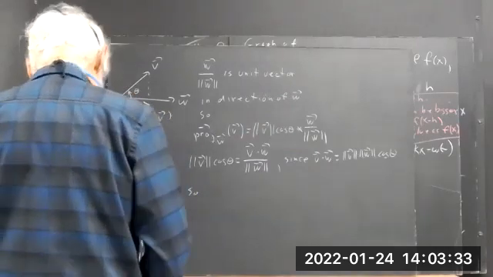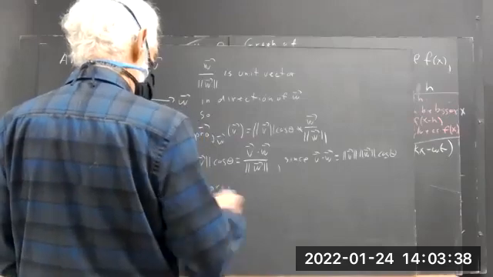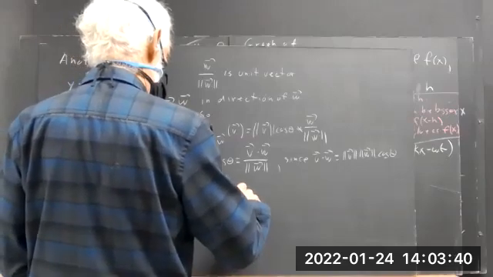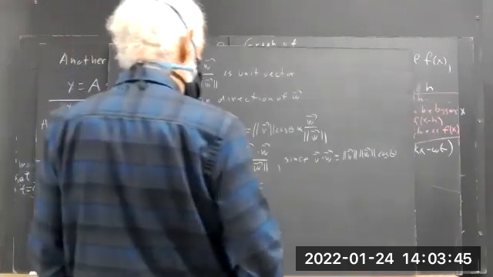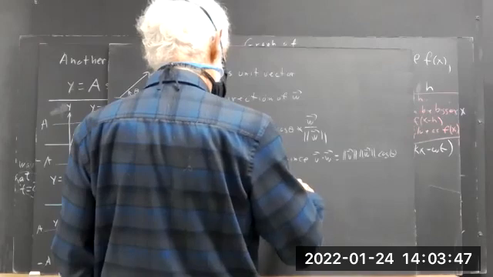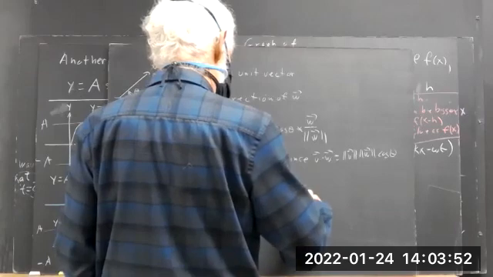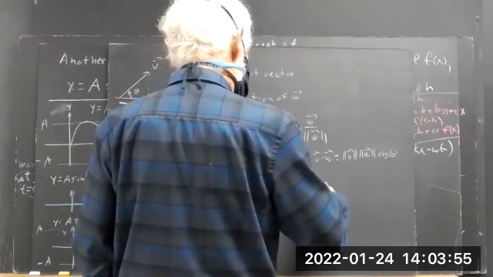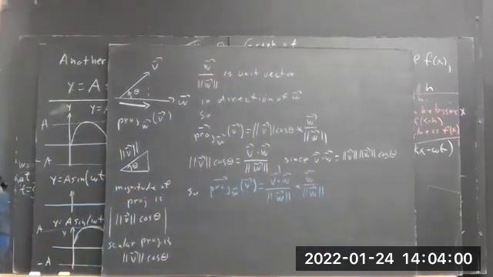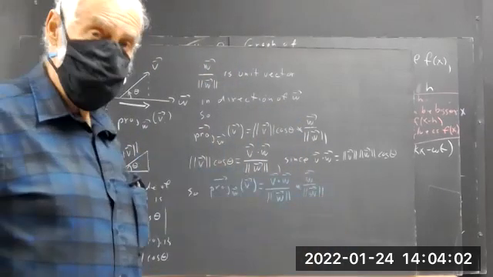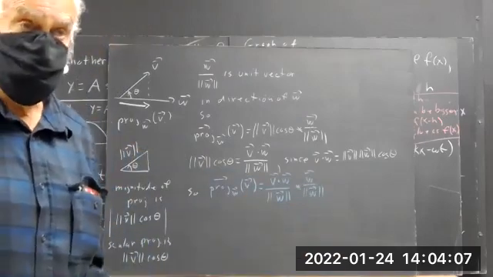So, different color for emphasis. There it is. It doesn't look like the formula you've been using, because the formula you've been using is a formula used to calculate whether you understand it or not.